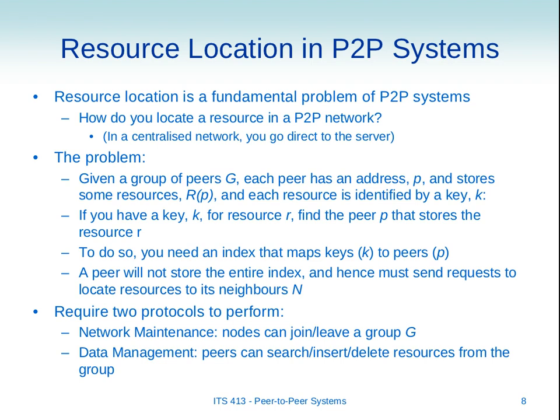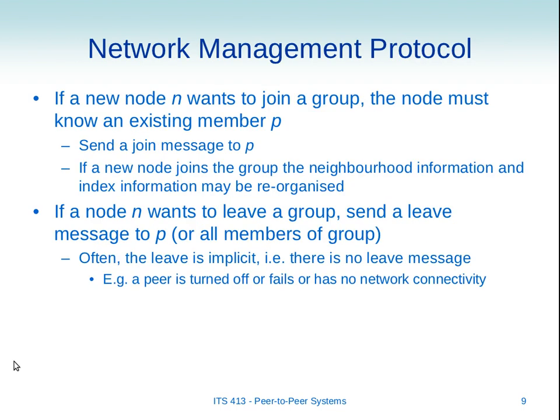That means a node has a new file available, so somehow it needs to let others know that it's available. Similarly, sometimes files may no longer be available. If I was offering a file from my computer and I delete that file, it's no longer available to others. Somehow I need to let the system know, so we delete resources from the system. Those are the general steps that are required.